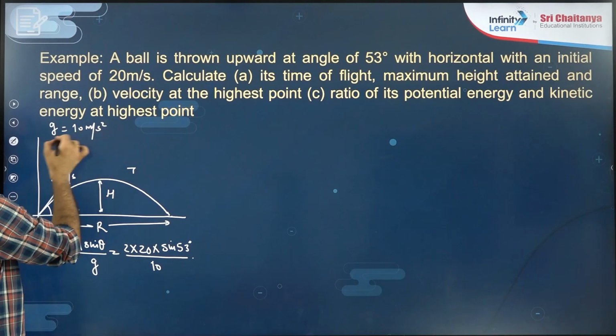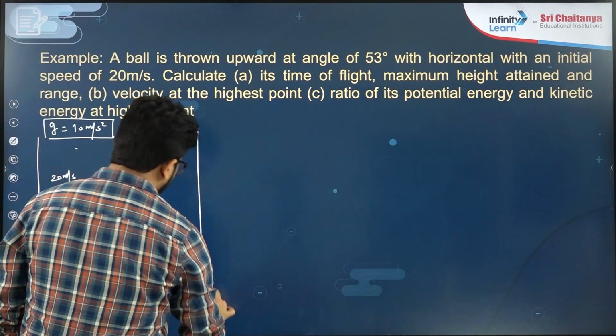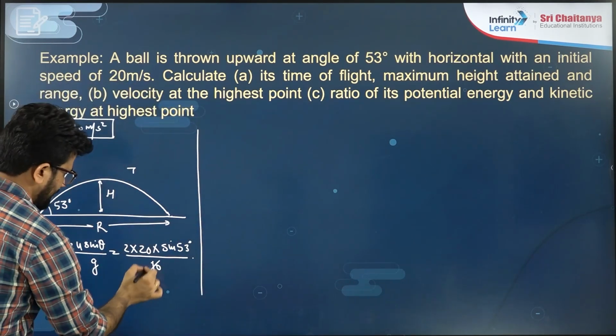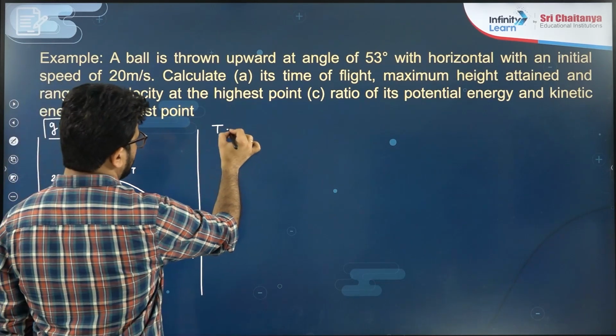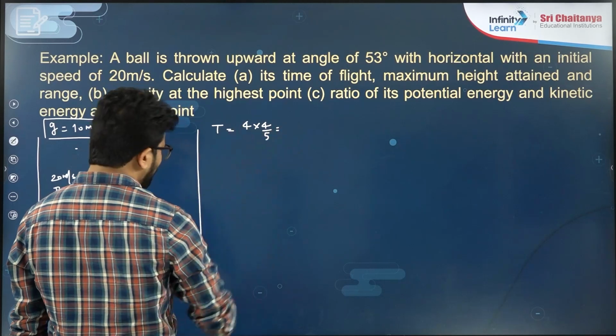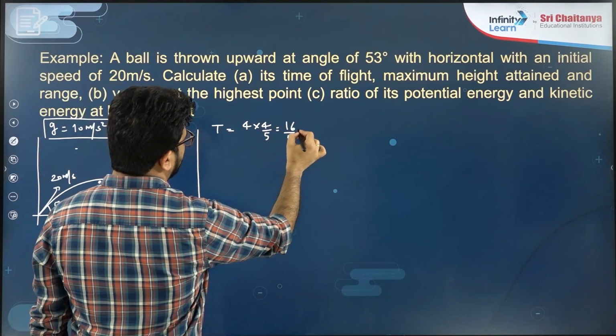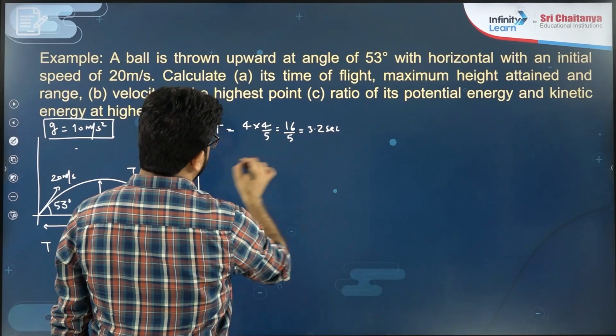Now solve it. This 10 is cancelled. Sin 53 is 4 by 5. So t is equal to 4 into 4 by 5. That means this becomes 16 by 5, or you can say 3.2 second. It's the time of flight.